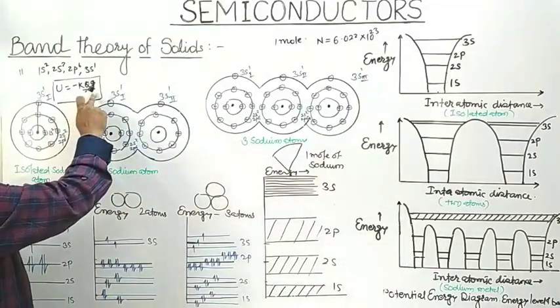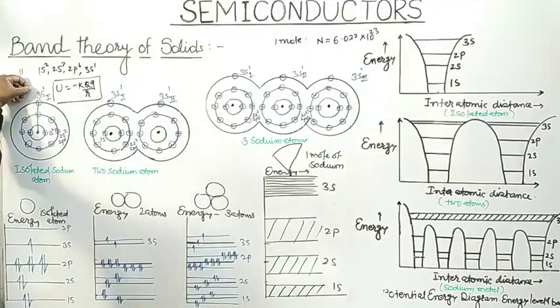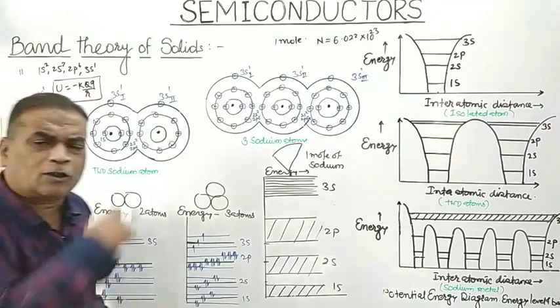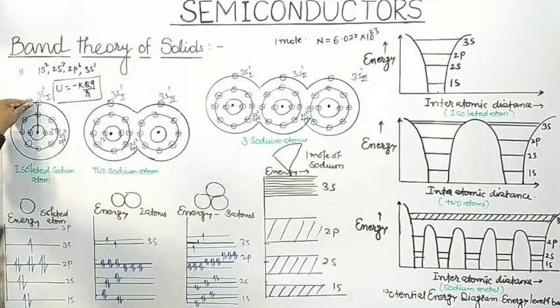So the greater the value of R, the greater the potential energy possessed by the electron. Remember, the electron in the outermost orbit, or the high energy orbit, is loosely bound with the nucleus.